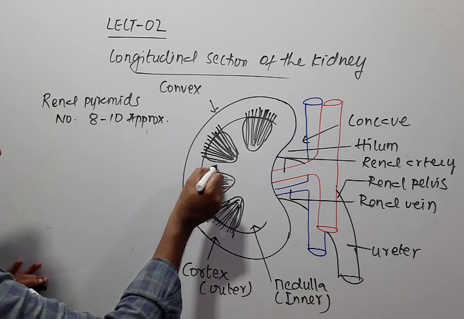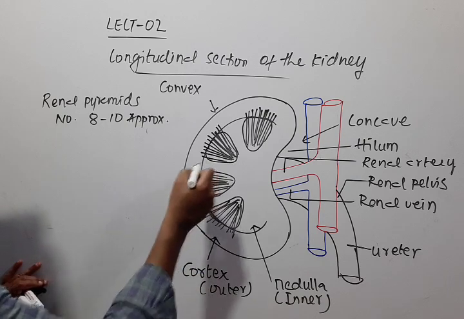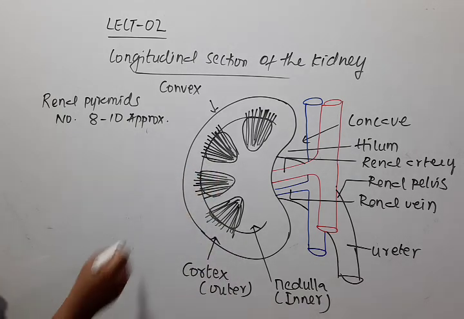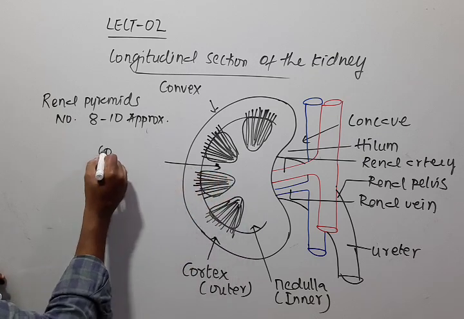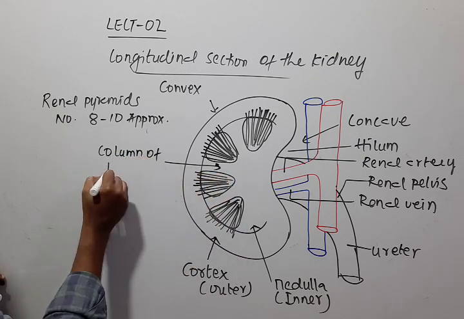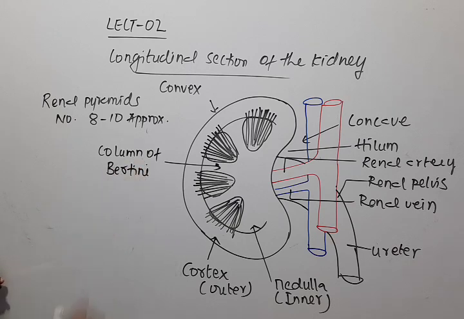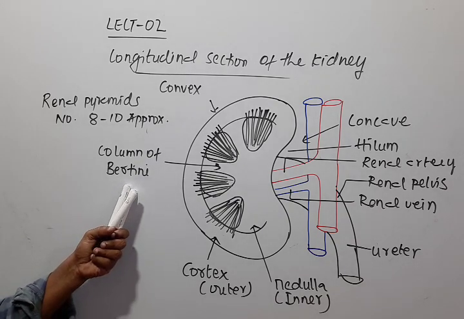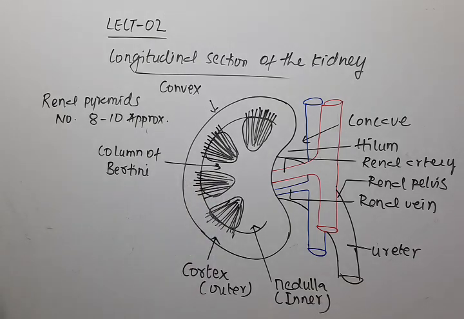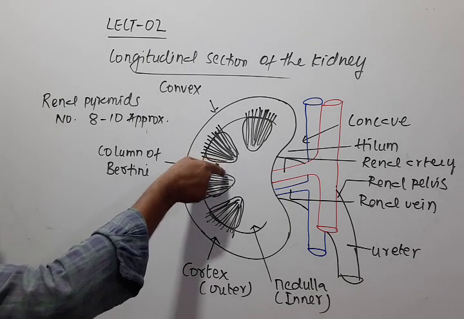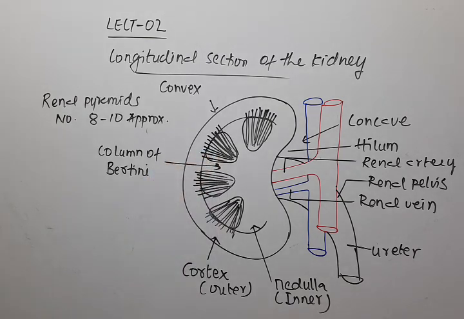So this portion of cortex that is present between the renal pyramids is what I call the column of Bertini. It is named after a French anatomist whose name is E.J. Bertin. Right after him, they have named this portion, the cortex that extends in between the renal pyramids, as the column of Bertini.